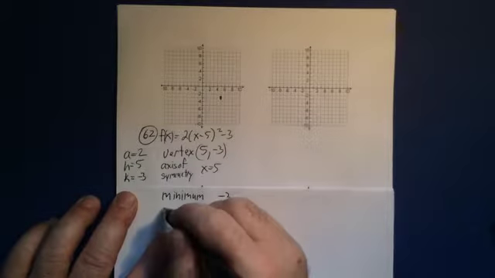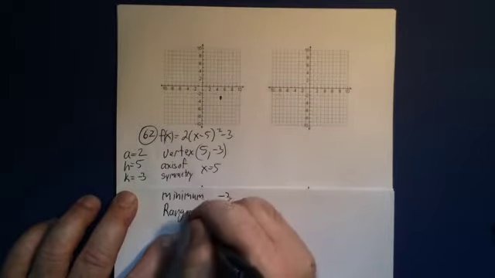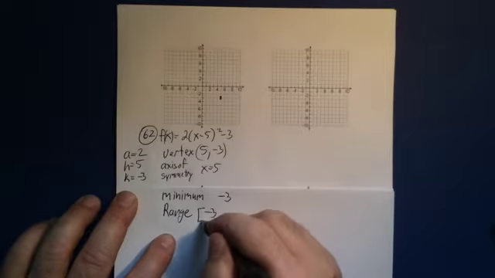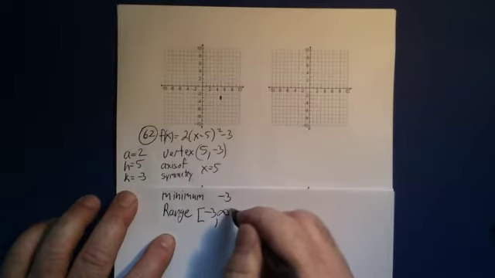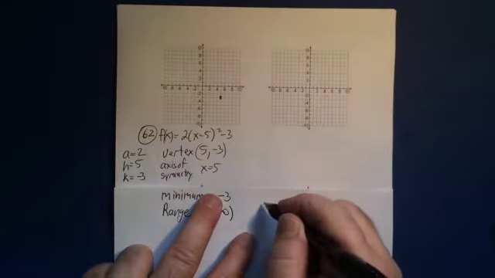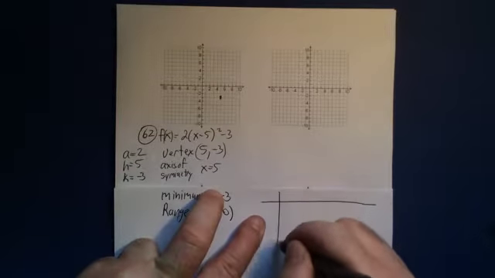And if it has a minimum at -3, we can say that the range of this is going to be from -3 all the way to infinity. Okay, so going forward on this, we got 4 to 5 bits of information here. We're going to go ahead and generate a graph of this now too. So I'm going to do this over here.